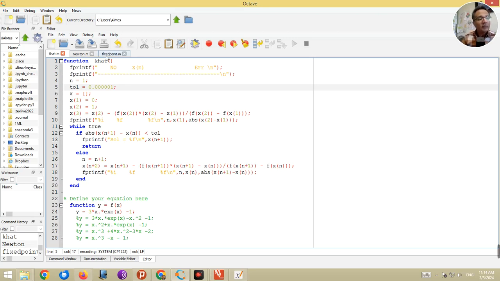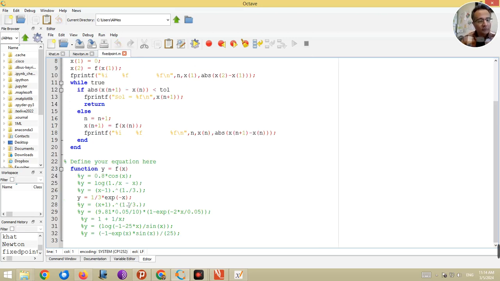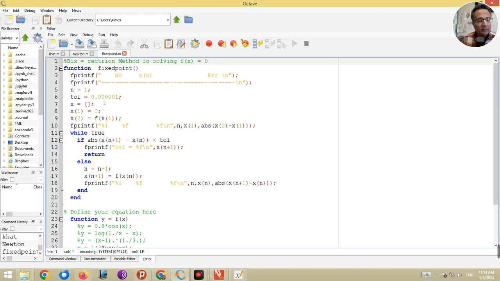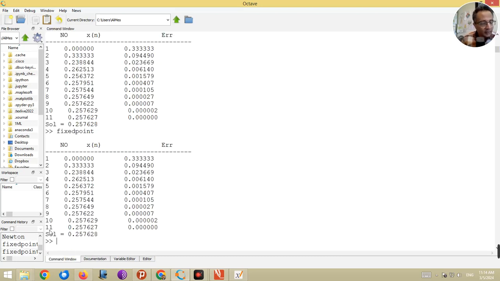Now, let me start with the fixed point method for the same equation and the same tolerance. If I implement the fixed point method, I will get the solution in about 12 iterations, 0.257628. This is fixed point.